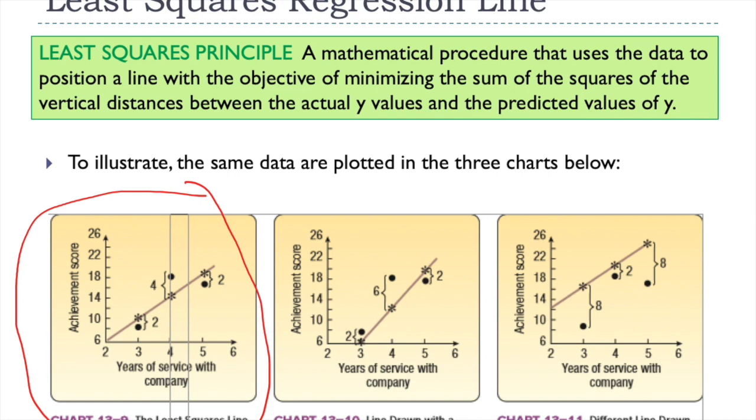The distance between these 2 is 4, and the distance between these 2 is also 2. If we square each of the differences, we end up with 4 plus 16 plus 4, so the least squares here are 24. If we look at charts 13.10 and 13.11 and sum up the squares of their differences, we get 44 and 132. Again, the chart on the left has the least amount of differences at 24.